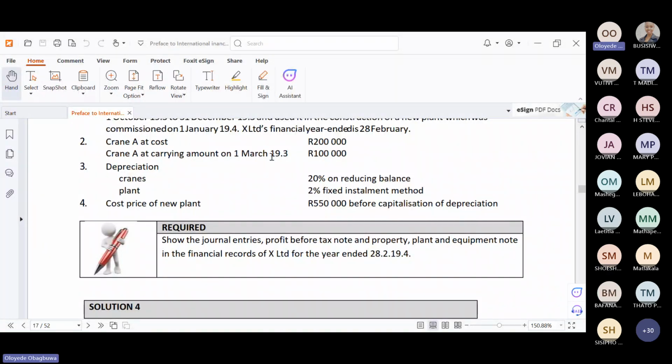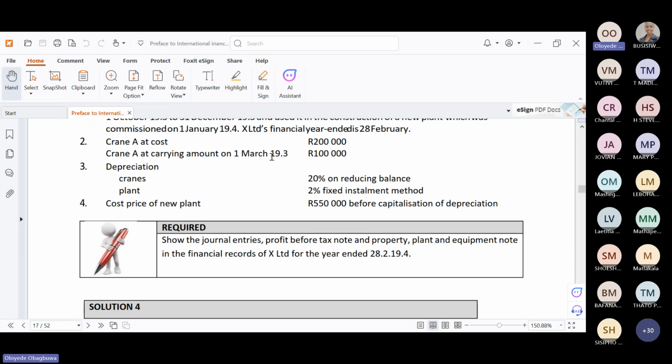When you are using reducing balance method, you calculate the percentage on the carrying amount. But if it is straight line method, you use the cost value.